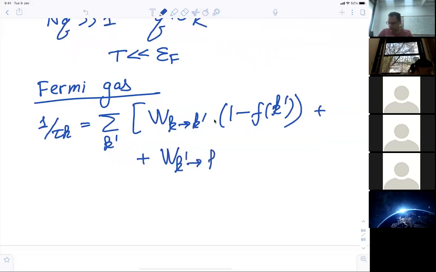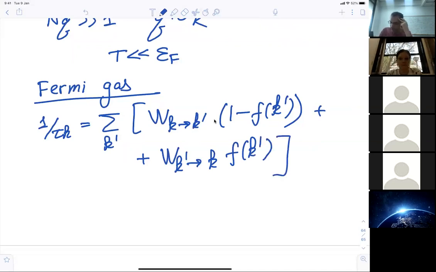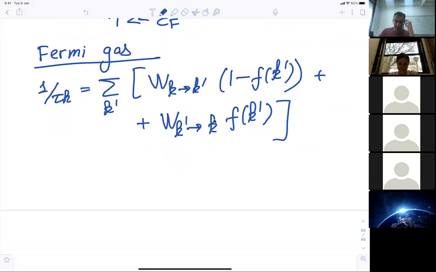And this is an incoming process, and in this case the state must be filled.